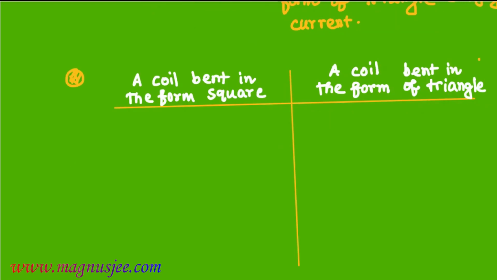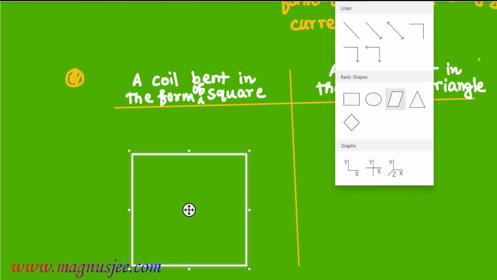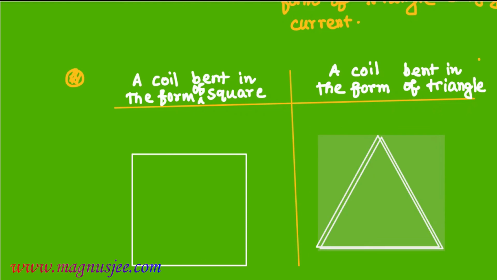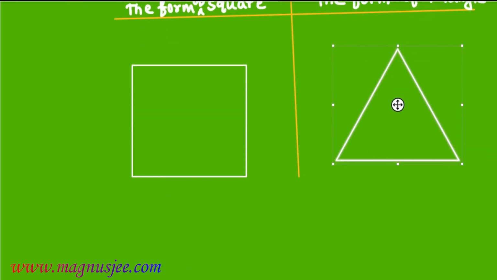Now we can compare the coil bent in the form of a square and a coil bent in the form of a triangle. This is a coil bent in the form of a square, and on the right hand side a coil bent in the form of a triangle. I is the current flowing through the square coil.